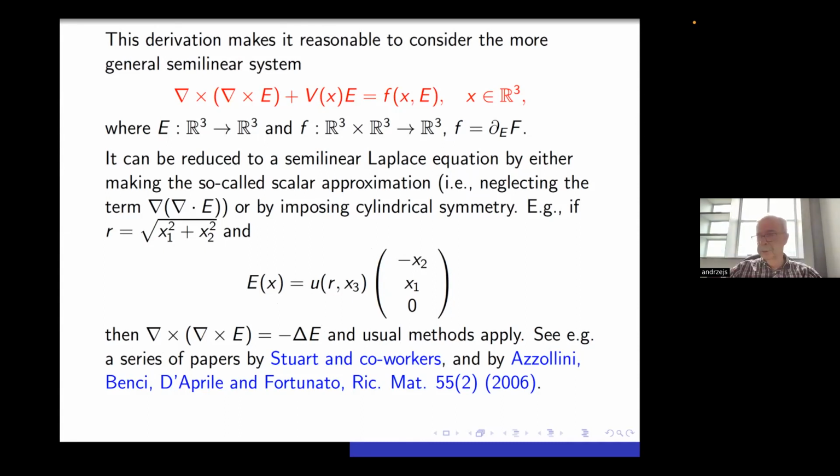So one has a nonlinear Schrödinger equation or a system of equations, and this can be treated by usual methods, and here there are papers by Stuart and co-workers, and also Azzollini, Benci, D'Aprile, and Fortunato.